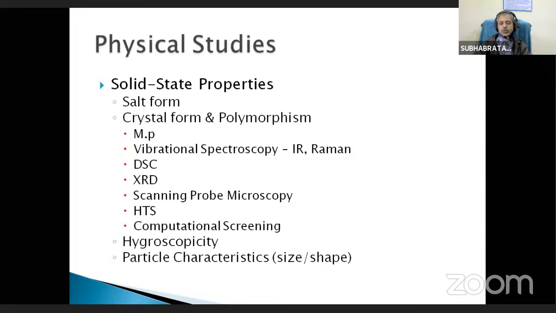There are methods to test the solubility which may extend up to several hours, several days, several weeks, because as the solubility of a drug falls, the time for solubilization increases. We need to give more time to accurately determine how much of the drug will be soluble in a particular solvent. And different solvent solubilities may need to be studied.